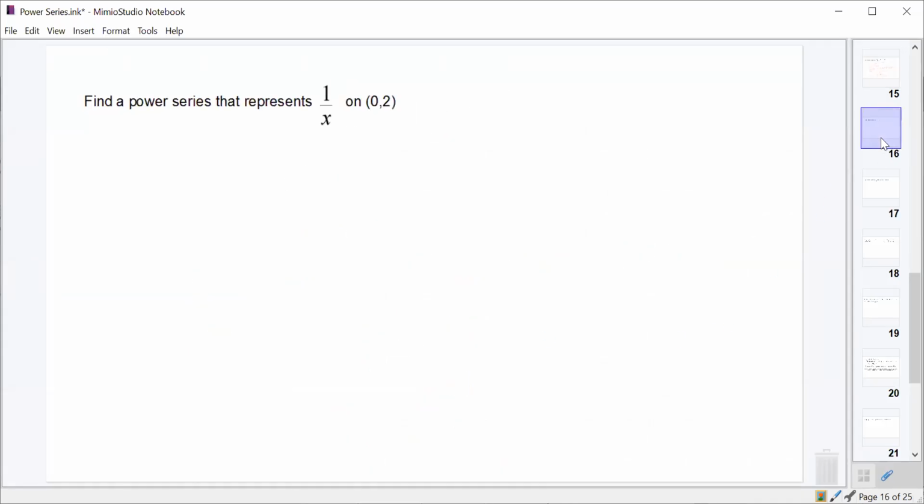All right. So this is one that we actually already sort of looked at something very similar to. Let's see if we can find a power series to represent 1 over x between 0 and 2. So the question becomes, how do I rewrite 1 over x so that it looks like a over 1 minus r?